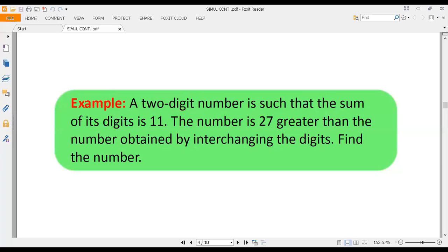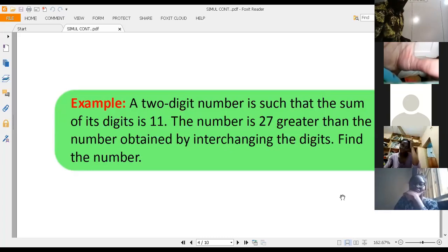Okay, now considering another example, it says a two-digit number is such that the sum of its digits is 11. The number is 27 greater than the number obtained by interchanging the digit. Find the number. Now, there is something I want you to understand.